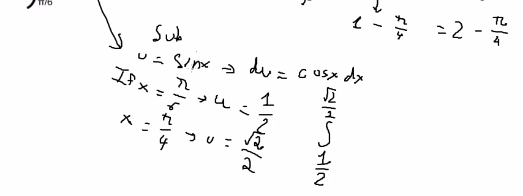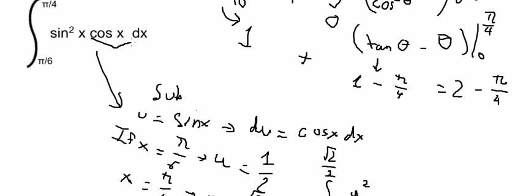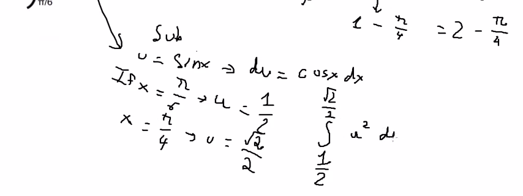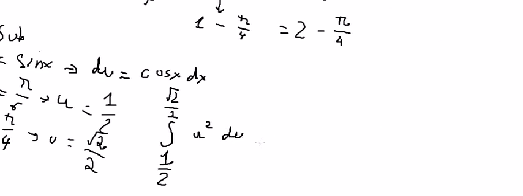Sine s we change to u, so you get u squared. Cosine s ds in here we change to du, and we get the final answer.